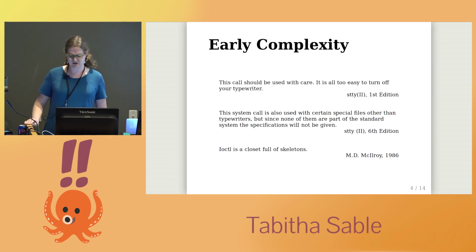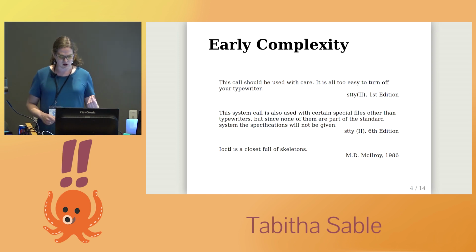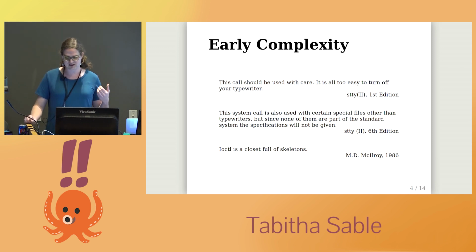Even in these early days, there was a lot of complexity. In the first edition manual, 1971, we see that init is doing heuristic auto-detection between Teletype Model 37s and GE TermiNet 300s. By the next year, they supported the IBM 2741, which means on-the-fly conversion between ASCII and EBCDIC. Oh my God.